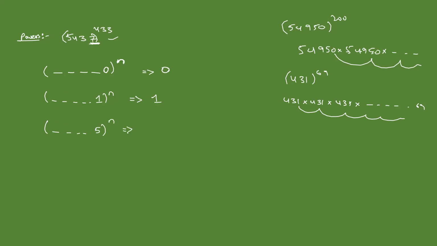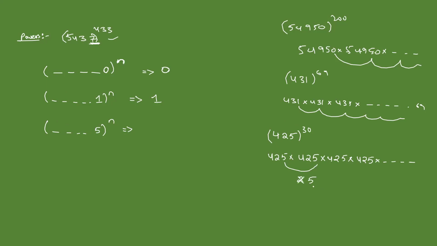Similarly, there is a number which ends with 5. For example, see here, students, 425 to the power of 30. That means I need to do 425 into 425 into 425, and so on up to 30 times, right? So now 5 5s are 25.